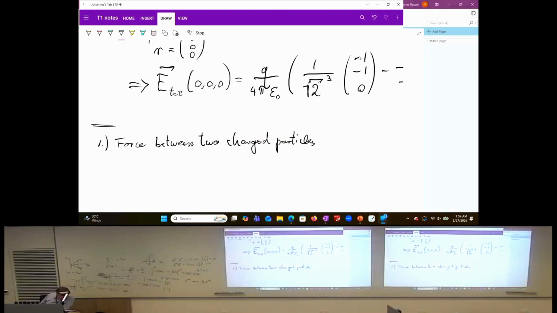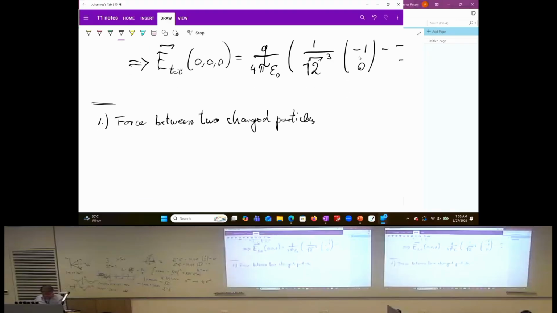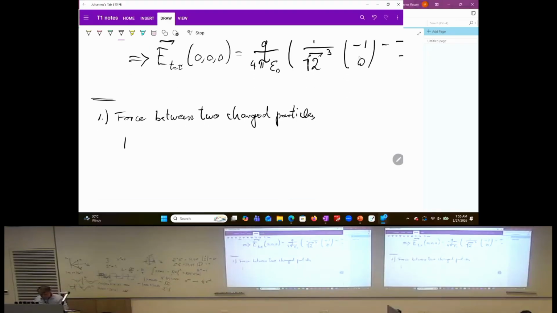So we have the elementary charge, 1.602 times 10 to the minus 19 Coulomb. And we have the dielectric constant of vacuum, epsilon naught, which is 8.85 times 10 to the minus 12 ampere second per voltmeter. We want to know the magnitude of the force, and we get that from Coulomb's law.